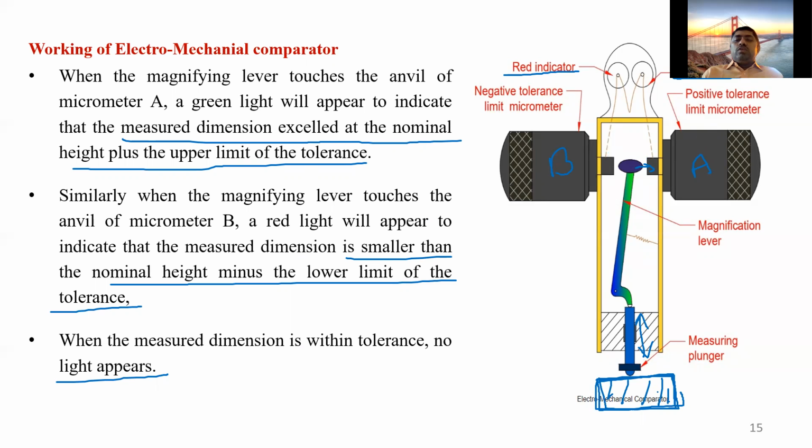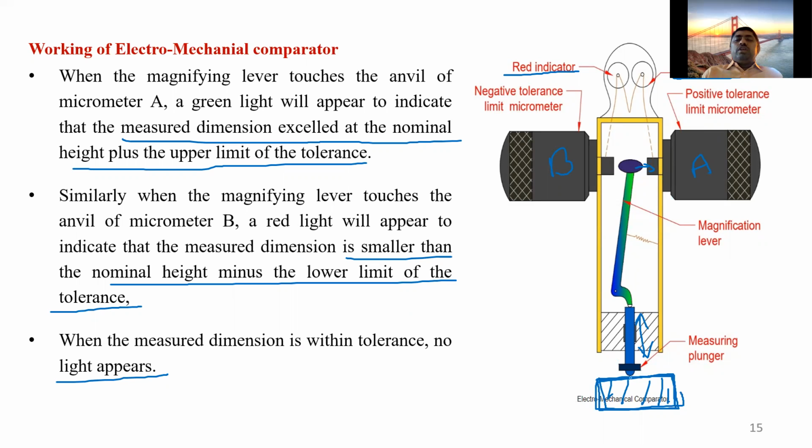Then we will remove the working standard and place the workpiece which is to be inspected. When the workpiece size is larger than the upper limit of the specified dimension, it contacts micrometer A and the green light will appear.